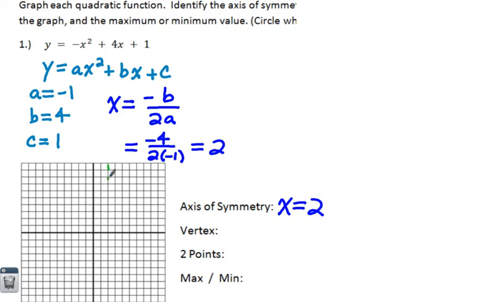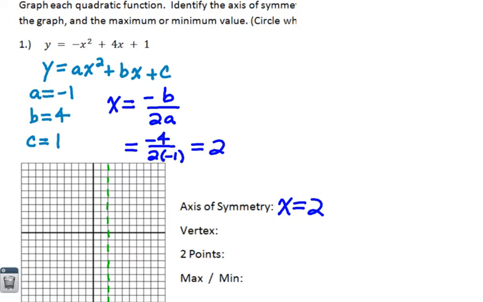Now on your graph, the axis of symmetry is essentially a vertical line that goes right down the middle of your parabola. So essentially that means it's going to be going right through your vertex. So there's your axis of symmetry at x equals 2.